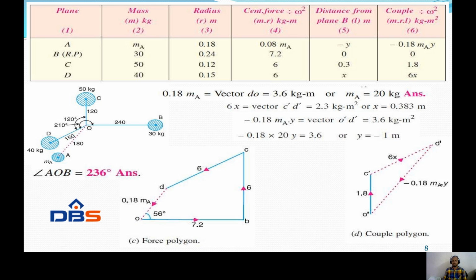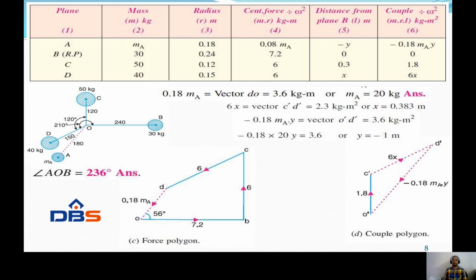And what is the remaining thing? B is over, C is over, D is over. Whatever remains is A. But here in the couple polygon, what is the A position? 0.18 MAY. Here we know from the force polygon the MA value, that is 20, but we don't know Y. The only thing is A is presented at an angle of 56 degrees. So from O dash, draw a 56 degrees angle and meet the previously drawn C dash D dash, just to cross these two.